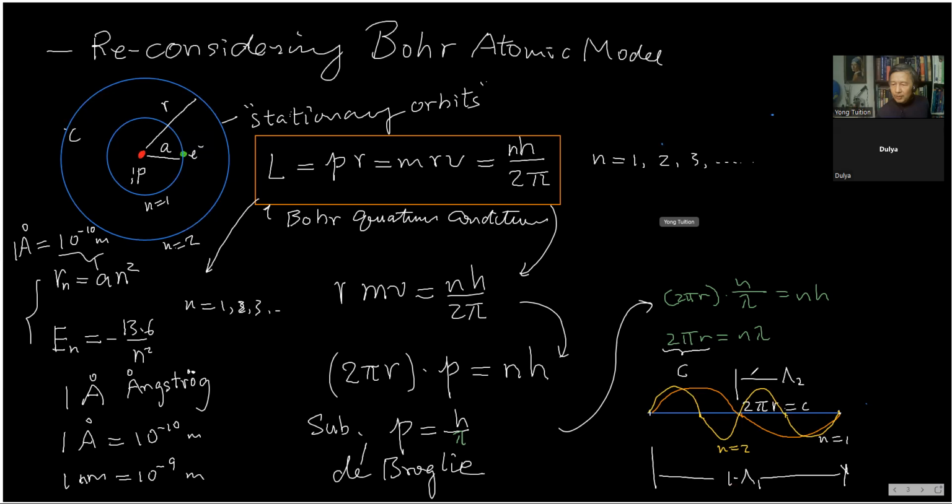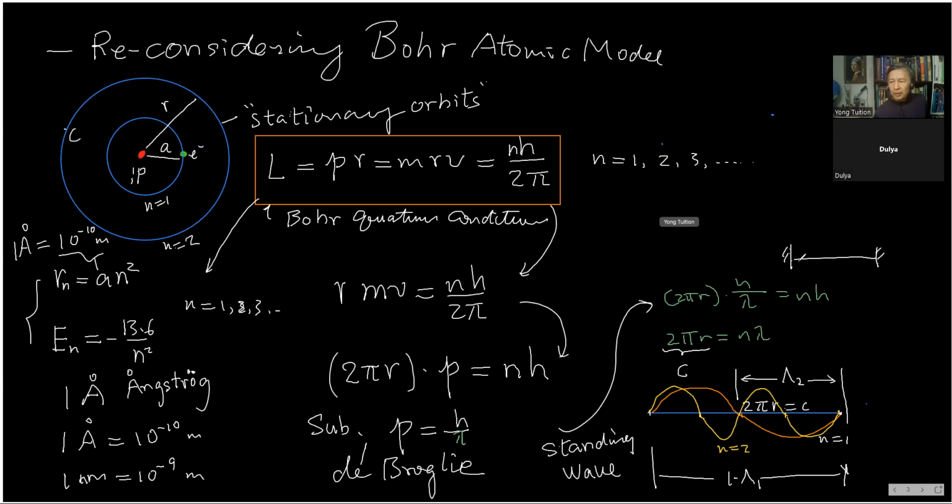What is the phenomenon? Do you remember, when we studied standing waves? No. Anyway, this is just a different interpretation. So if you want to know more, you have to review the standing wave. We have studied standing waves before, like a string fixed at two ends, to see how many harmonics it can generate.